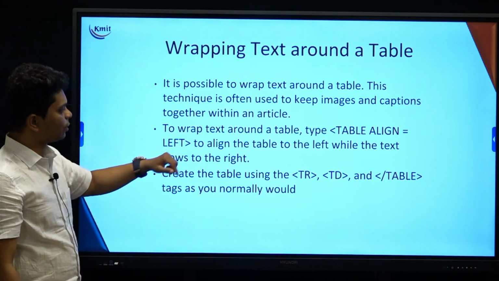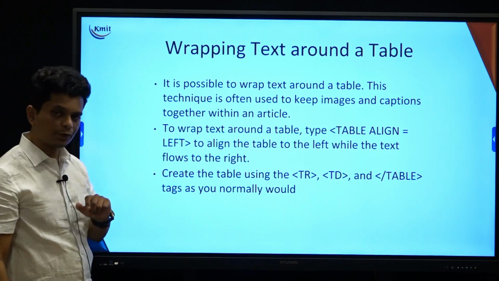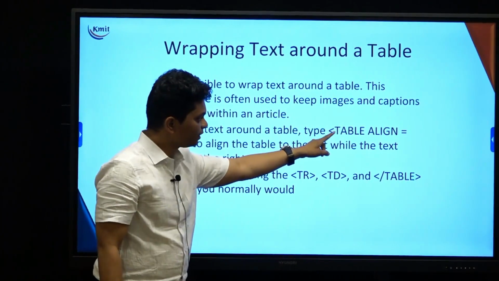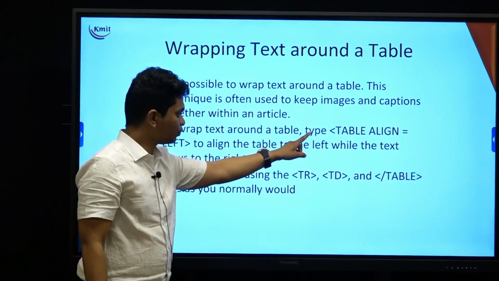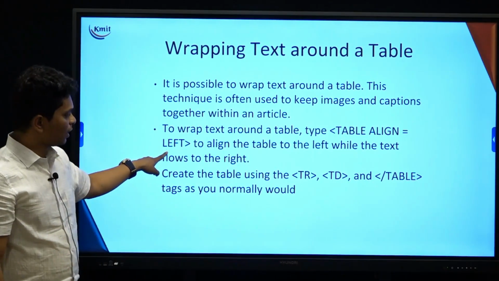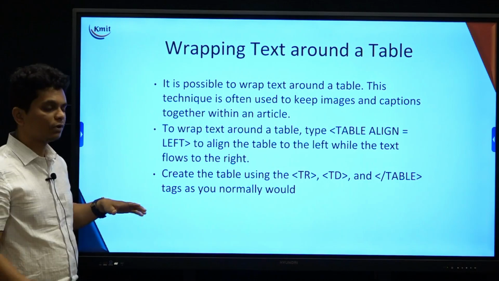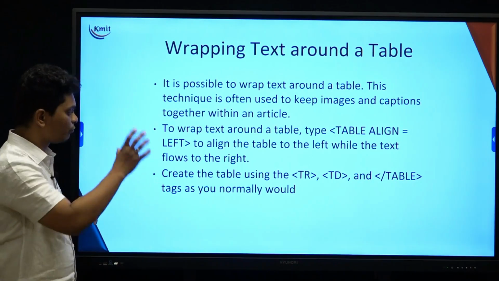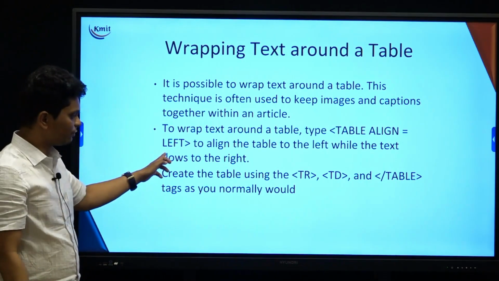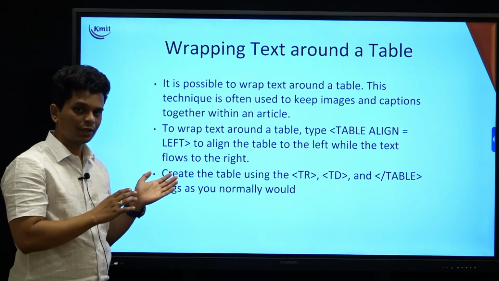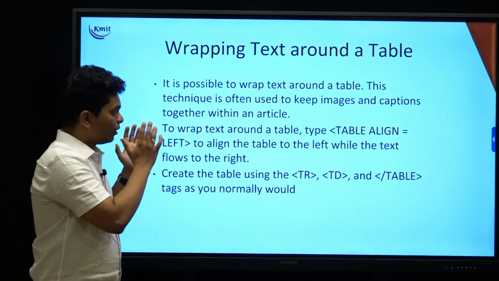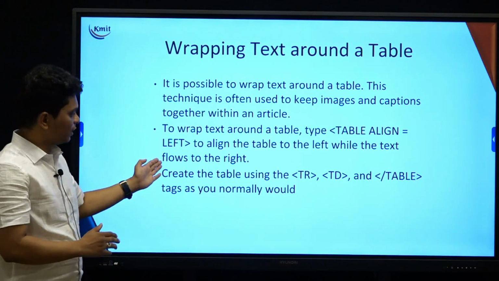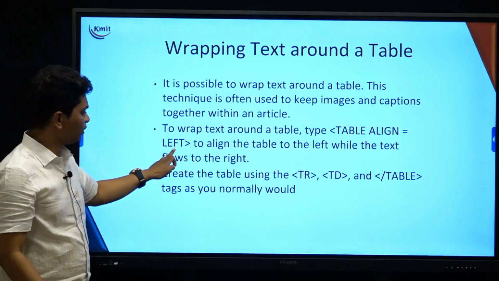To wrap text around a table, all we have to do is use the align attribute again with left. If you want the text to flow on the right side, we have to use left, and vice versa. If you want the text to flow to the left, you have to use right here.